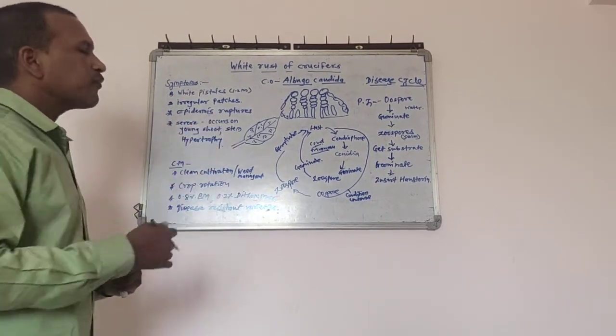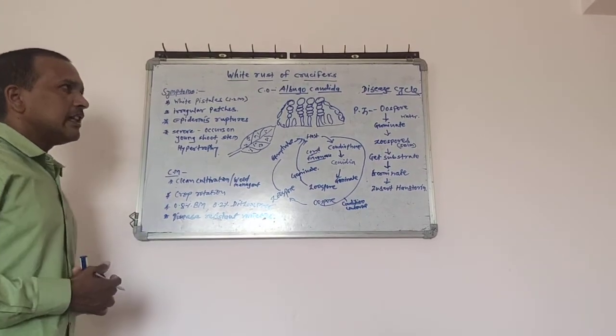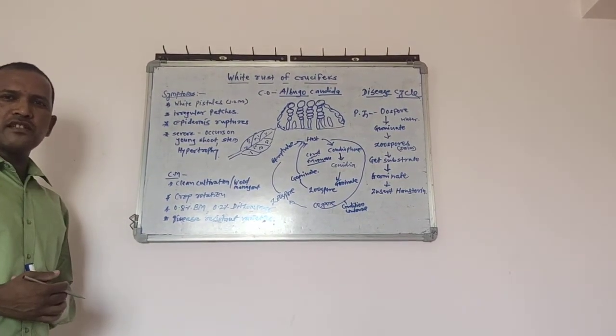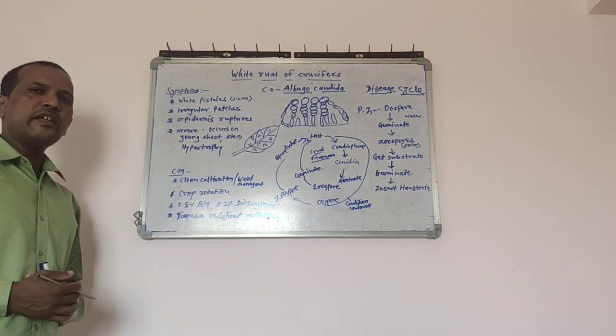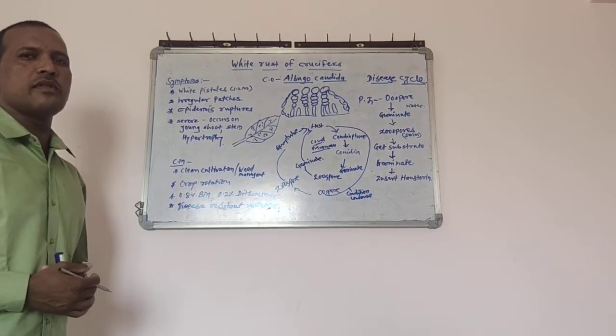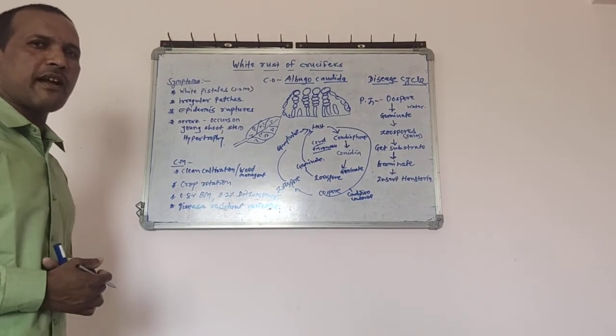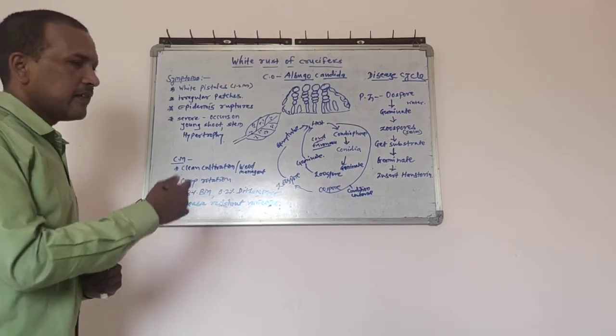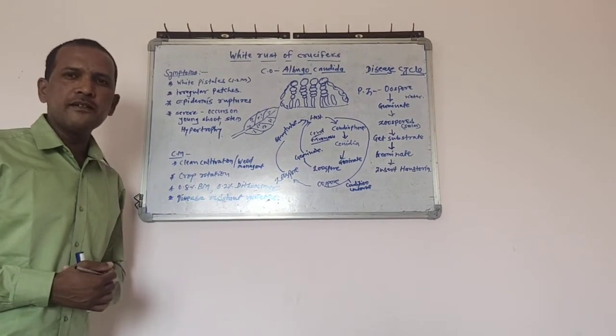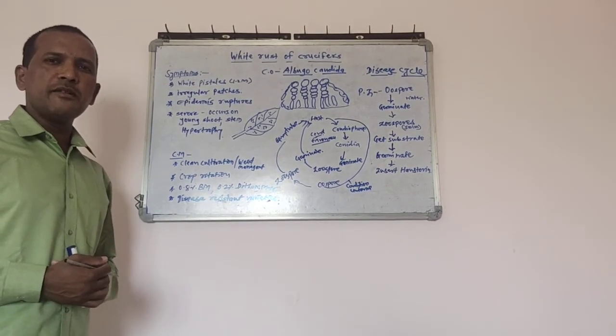These are the details regarding the disease which causes 25% loss of vegetables belonging to the family Cruciferae, which is white rust of the crucifer caused by Albugo candida.